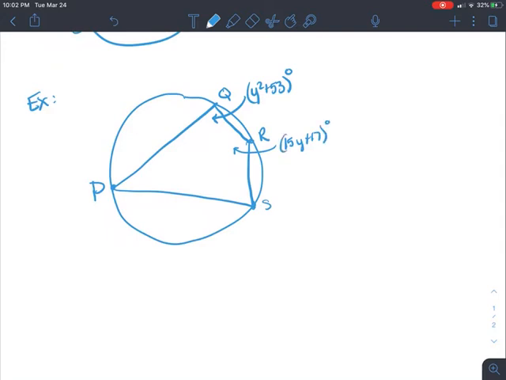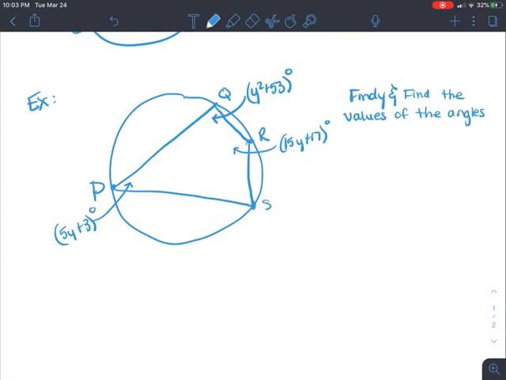S has no value given yet. And angle P is 5y plus 3 degrees. They want us to find y and find the value or values of the angles.